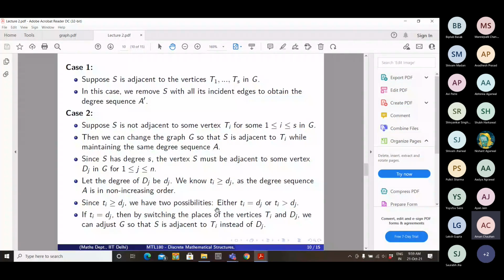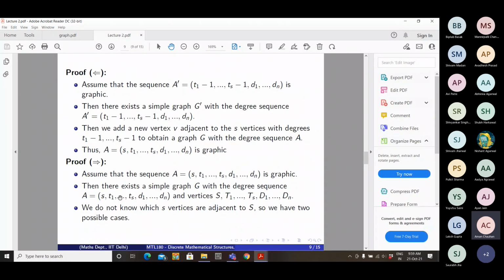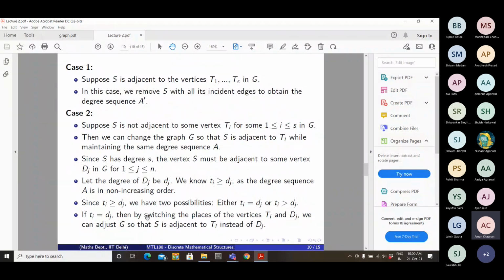So we have two possibilities: either Ti equals Dj, or Ti is greater than Dj. Some Ti, say Ts and D1, are the same, or Ts is strictly greater than D1. These cases may happen. Now consider the case where Ti equals Dj.